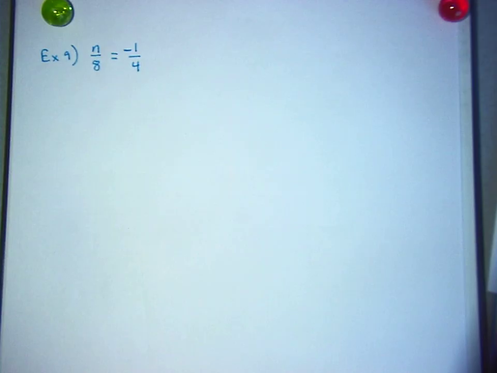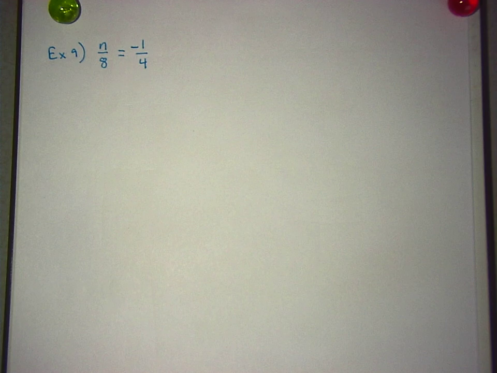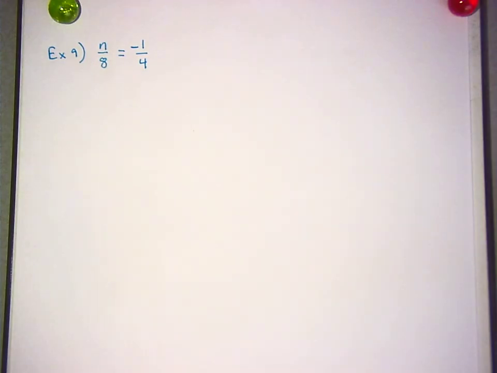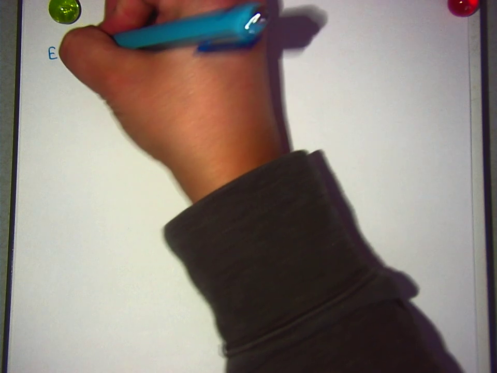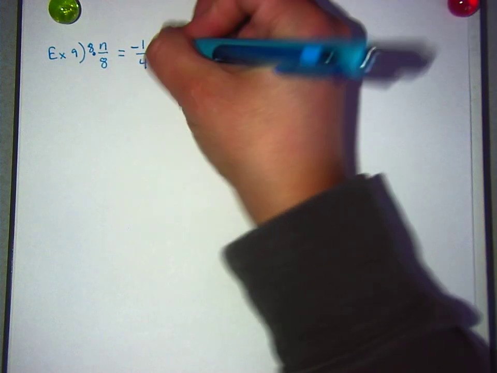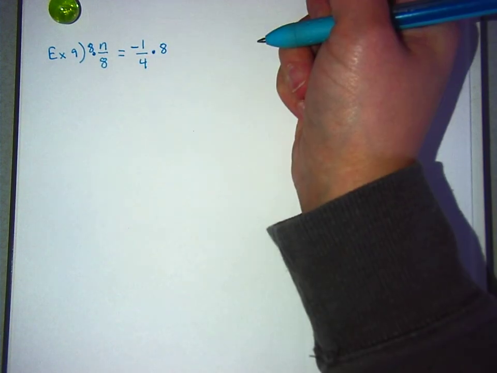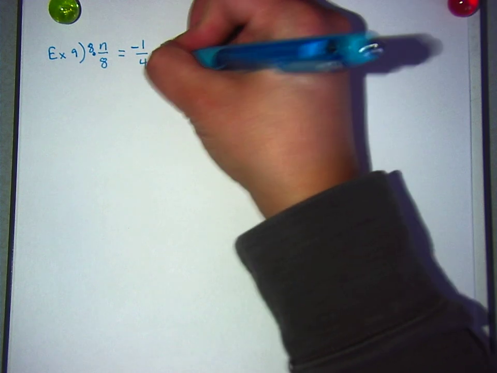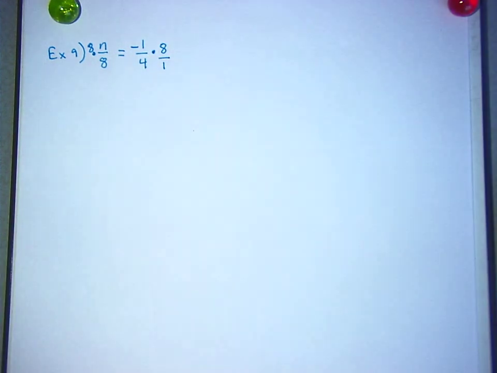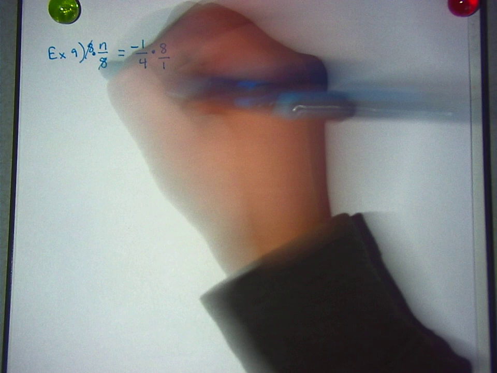Example 9, n over 8 equals negative 1/4. Multiply by 8, because right now it's divided by 8. Ooh, but it's a fraction, so what should I do to that 8? Put it over 1. I don't multiply by 8 on the top and the bottom.